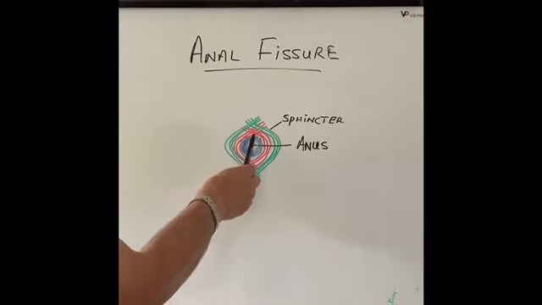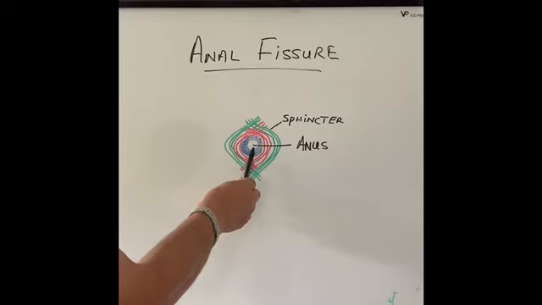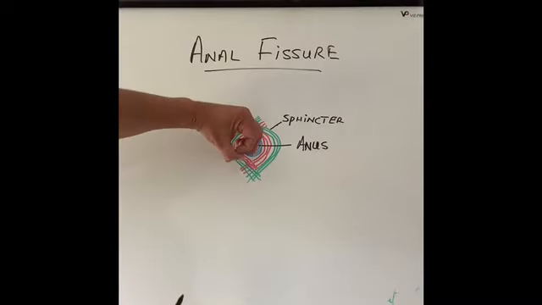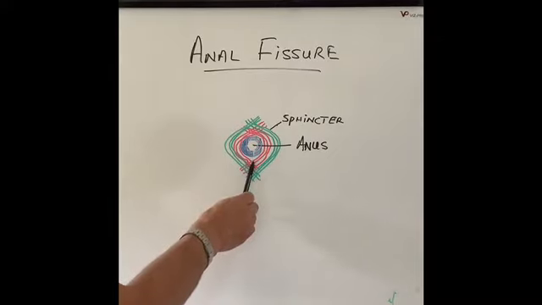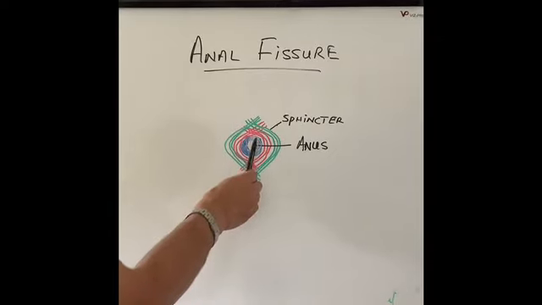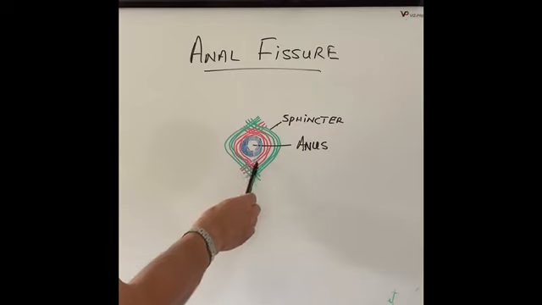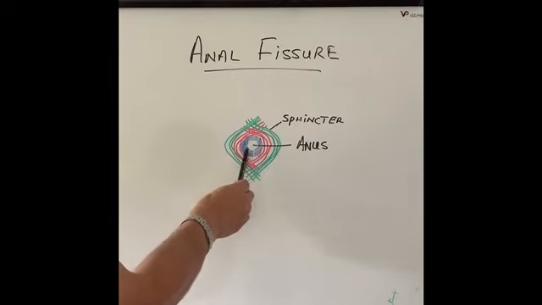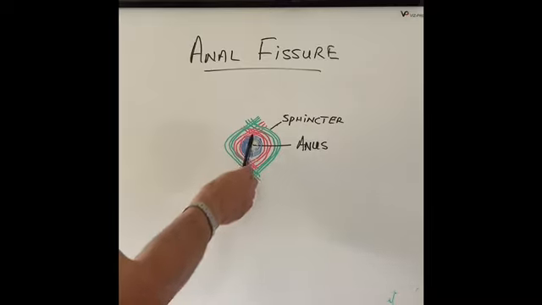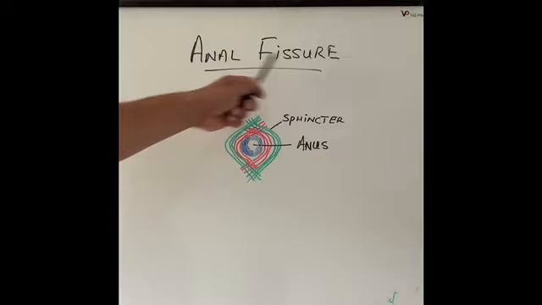Then at these weak points, the internal lining, because it stretches, splits. That split in the bottom end, in the front or the back, those are the commonest sites where we get it. The commonest site is the back, then the front. Occasionally it can happen on the sides as well, but these are the commonest sites because that is where the weakest points are, and that is called an anal fissure.